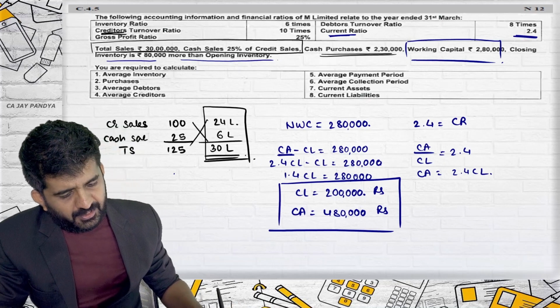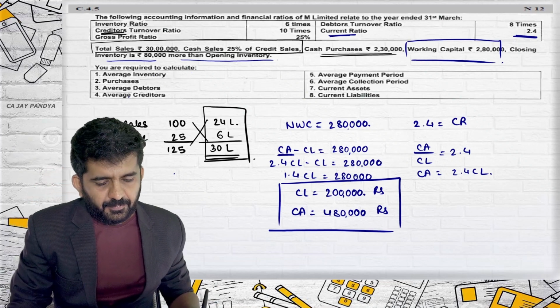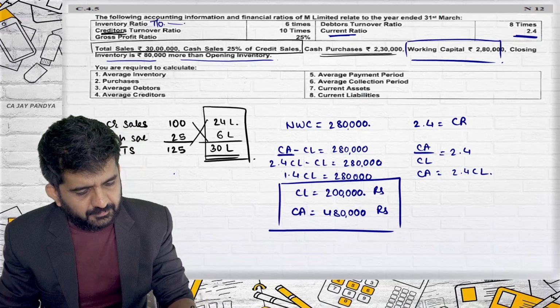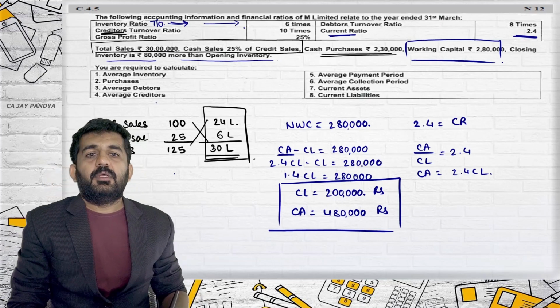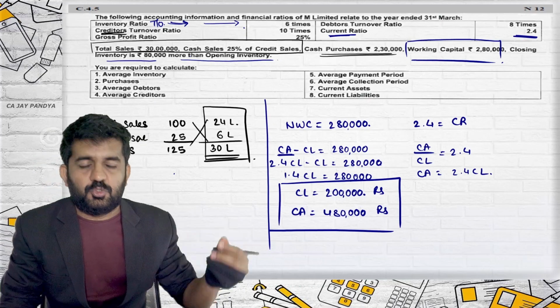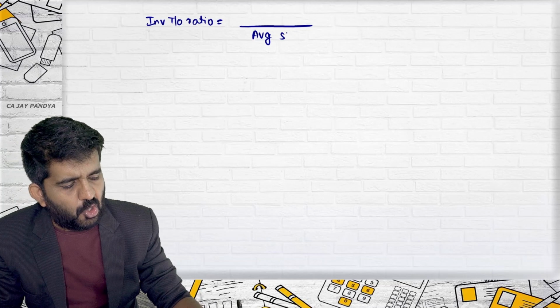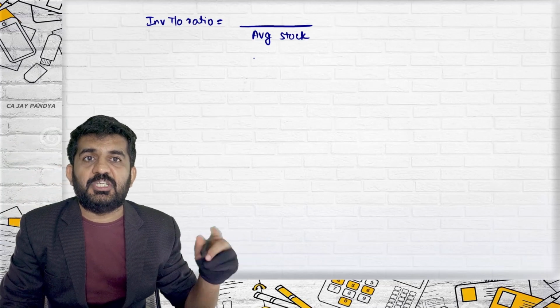You are required to calculate average inventory. Inventory turnover ratio is 6 times. Let me find out the answers which I can find out from the different ratios given. Inventory turnover ratio is COGS, or sales, in the numerator, divided by average inventory stock.